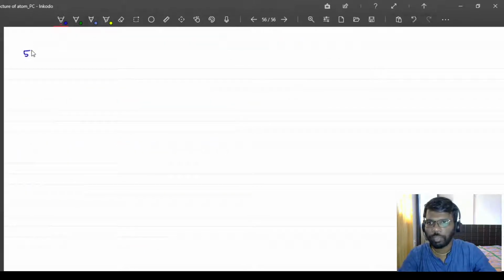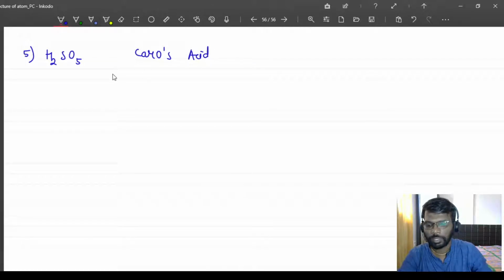Next, fifth one is H2SO5. This is called Caro's acid. Sixth is H2S2O8.